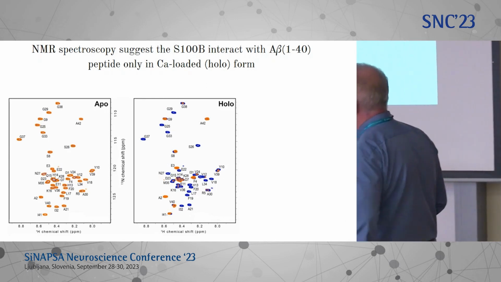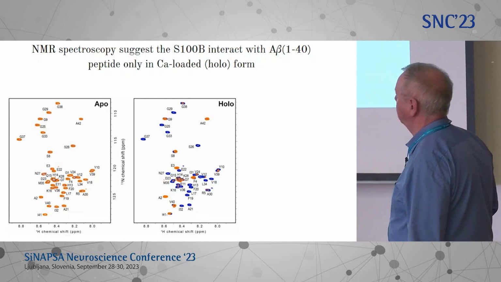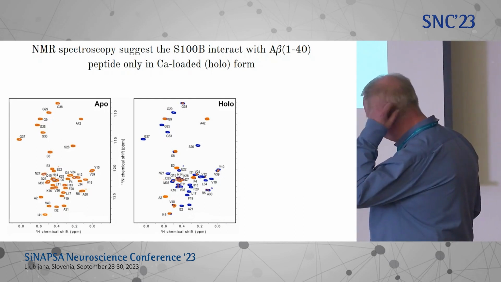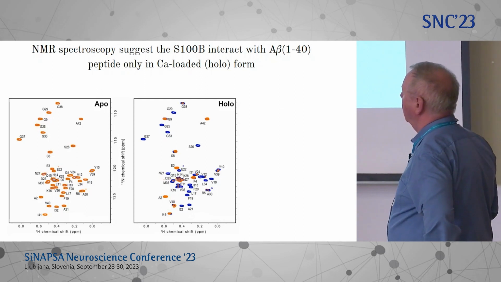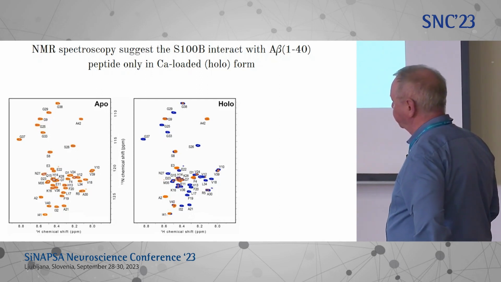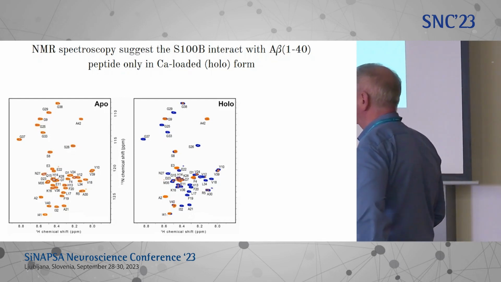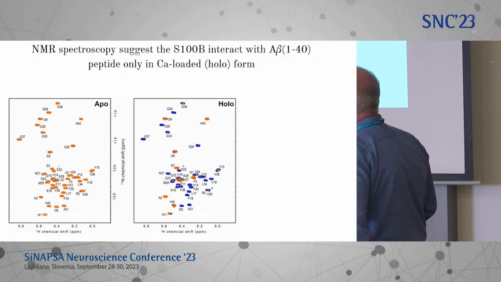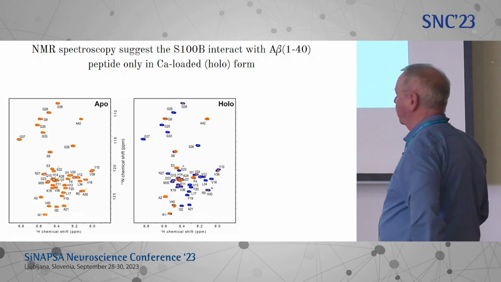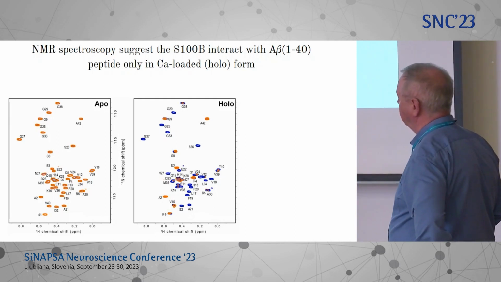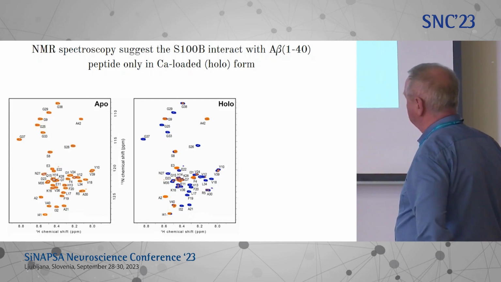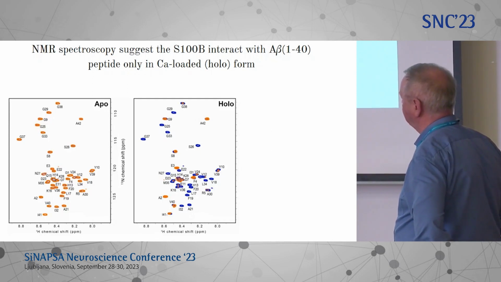Here is the initial experimental data, which was collected by another group from Portugal, which showed that A beta interacts strongly with S100 beta, but only in the calcium binding form. In the apo form, you see on the proton-nitrogen correlation spectra we have no changes at all, but after addition of calcium, this form is named holo instead of apo, which has no calcium.